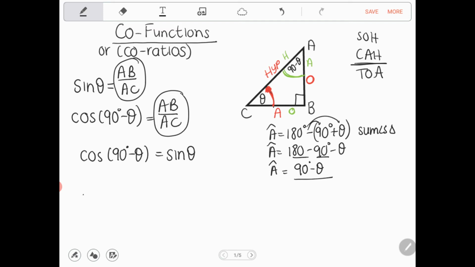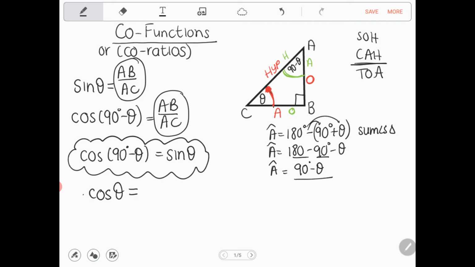And it works the same if I said to you, what is the cos of theta? Cos is adjacent over hypotenuse. So cos of theta, that's a red one, adjacent, BC, over hypotenuse, AC.